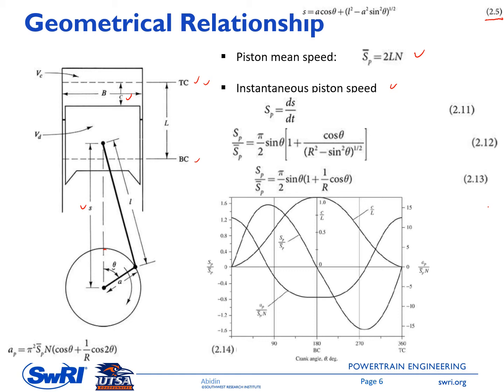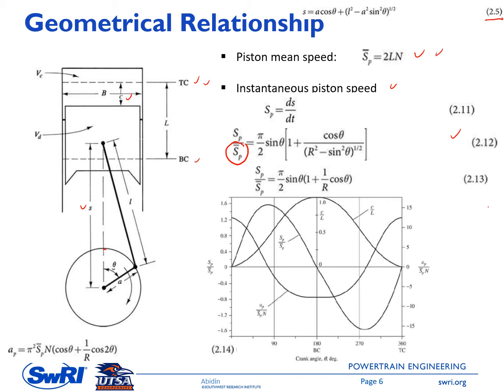If we differentiate equation 2.5 with respect to time, we will get equation 2.12. So this is the instantaneous piston speed, and it is normalized to the piston mean speed.